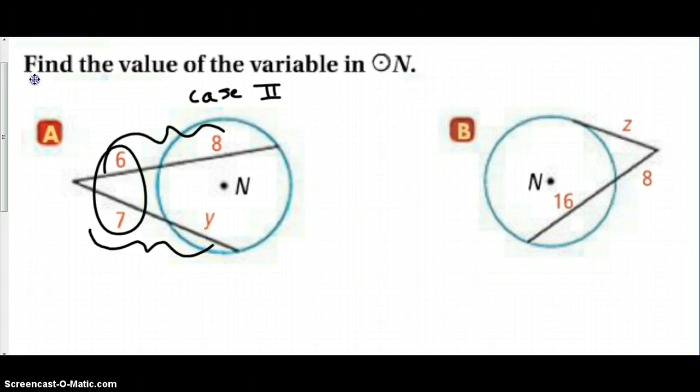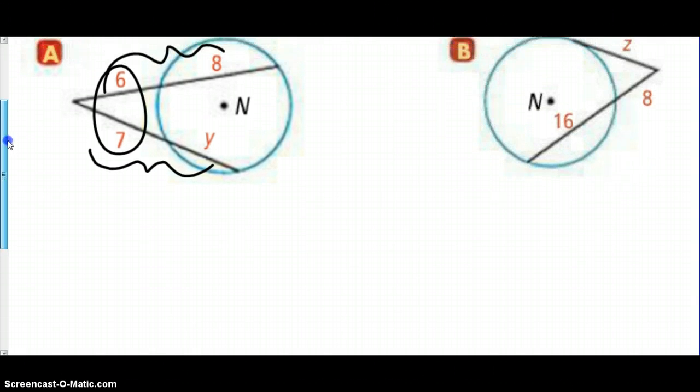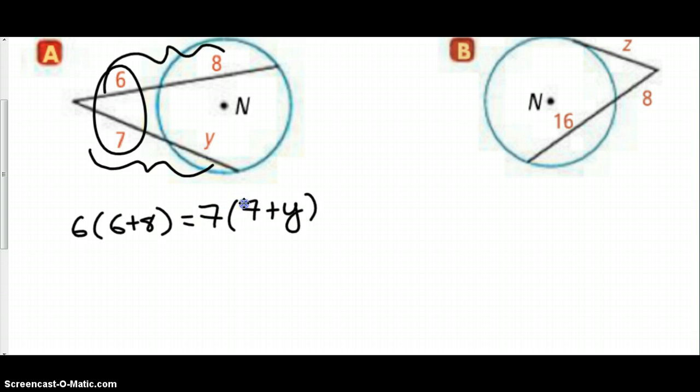So essentially I know that the outer segment of the top one, which will be 6, times 6 plus 8 will be equal to the outer segment of the bottom secant, which would be 7, times the length of the whole thing, which will be 7 plus y.